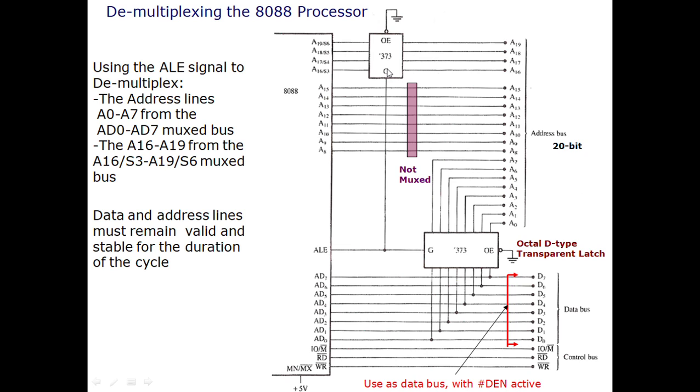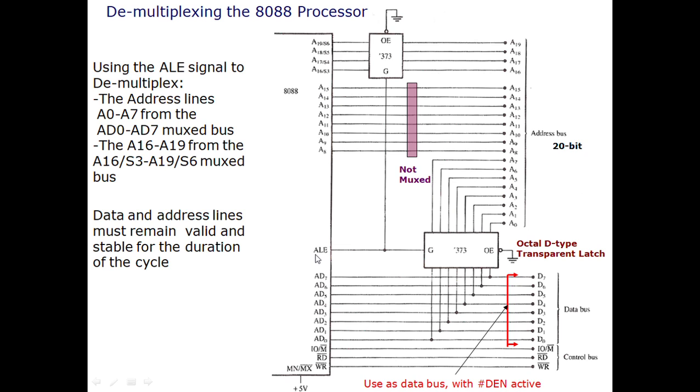When this G is set to 1, this chip is enabled, and the same chip but with 8 inputs and 8 outputs is used here as well. The output enable is connected with ground, so it allows the output whenever the input is available, and the input passes to the output when this G input is 1. This G input is the select input of these chips. These two chips are the same, just this one has 4 inputs and 4 outputs, and this one has 8 inputs and 8 outputs.